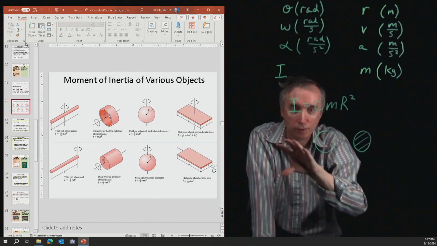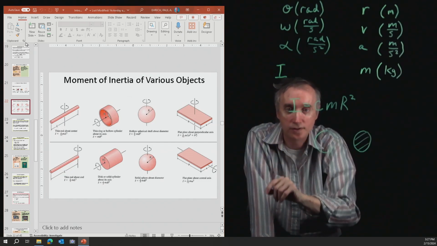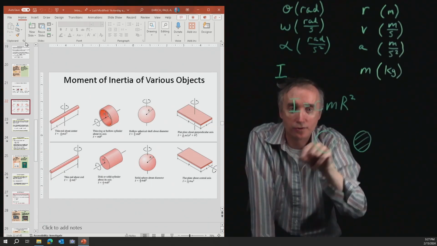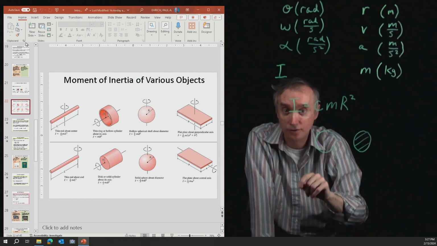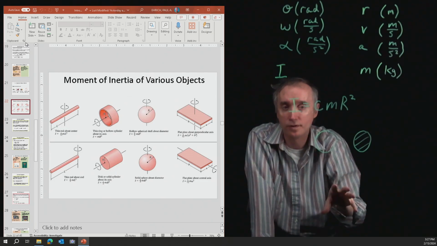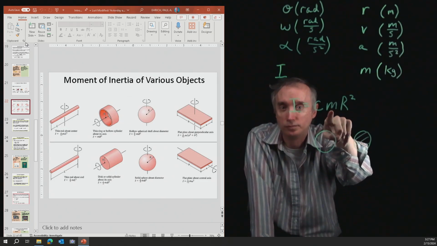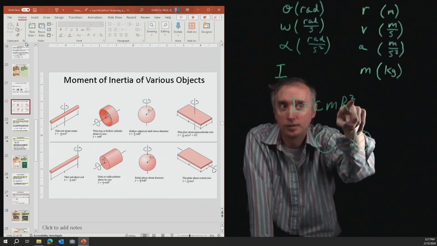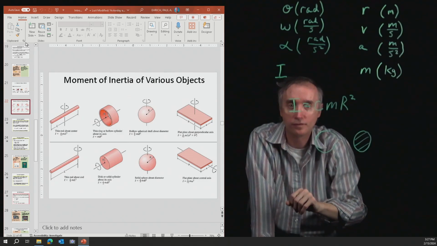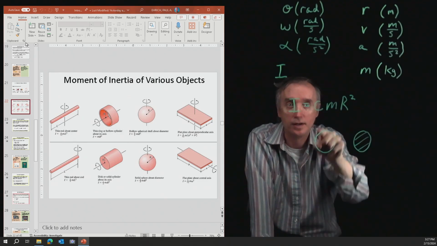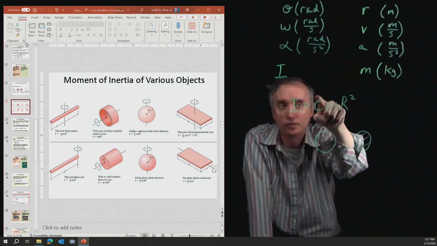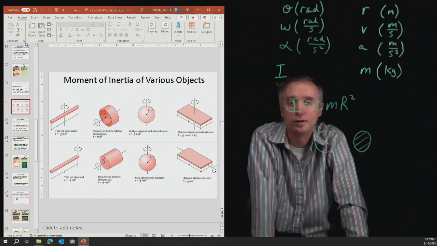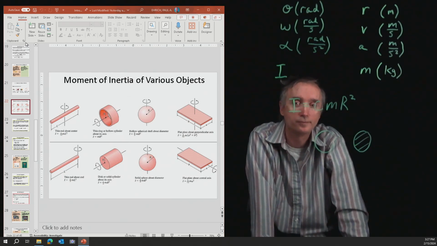You might need to blow up the picture so that you can see it, but you should be able to just barely make out the moments of inertia for each of those different shapes. You should notice that every one of the shapes has an M, and every one of the shapes has something squared. What's different about the different objects is the number that is in front of the M. And that's what's determining the moment of inertia for each of those different objects.